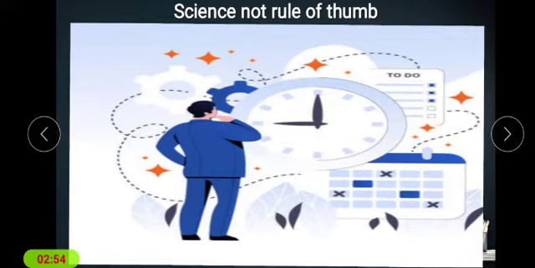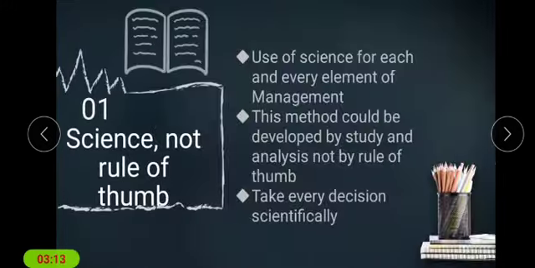So number 1 is science not rule of thumb. According to this principle, Taylor suggested that work assigned to any employee should be observed and analyzed with respect to each and every element and part and time involved in it. This method could be developed by study and analysis, not by rule of thumb.